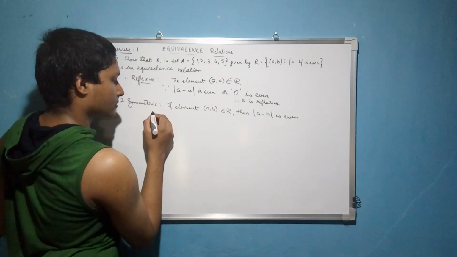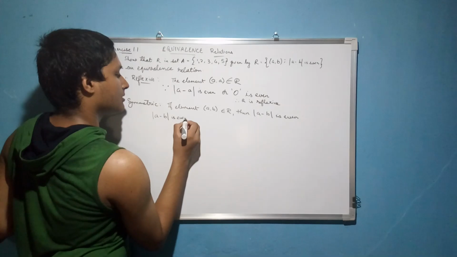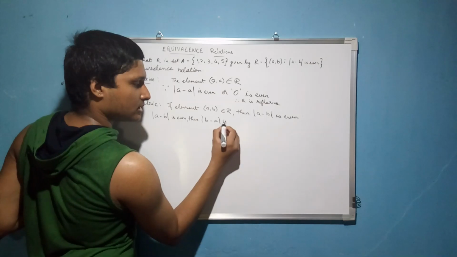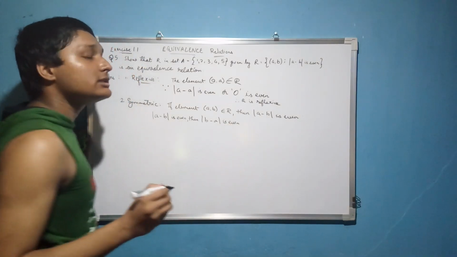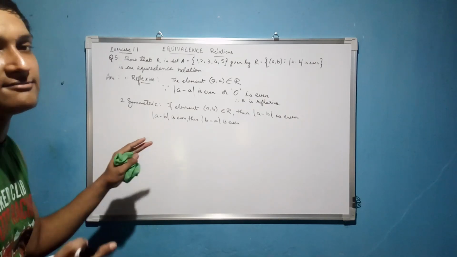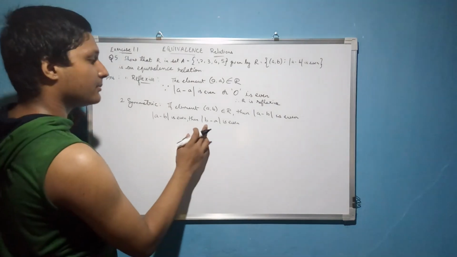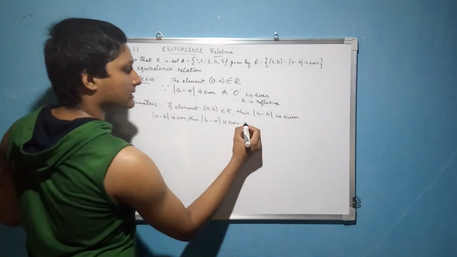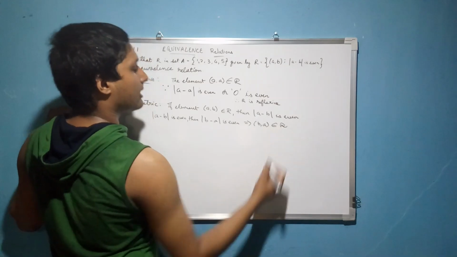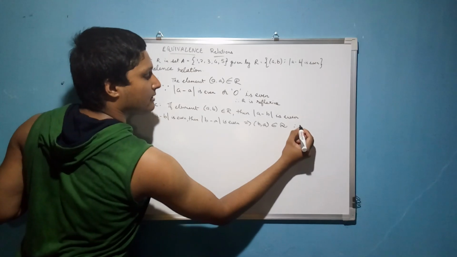If modulus of a minus b is even, then modulus of b minus a is also even, because inside the modulus sign we take only the absolute value. The negative sign vanishes and both give the same value. Therefore b minus a is also even. That implies (b, a) also belongs to R. Therefore symmetric.